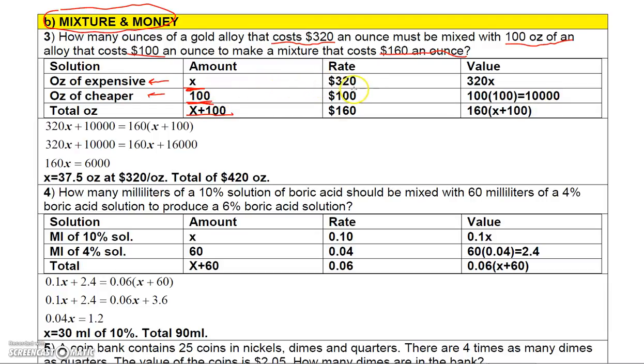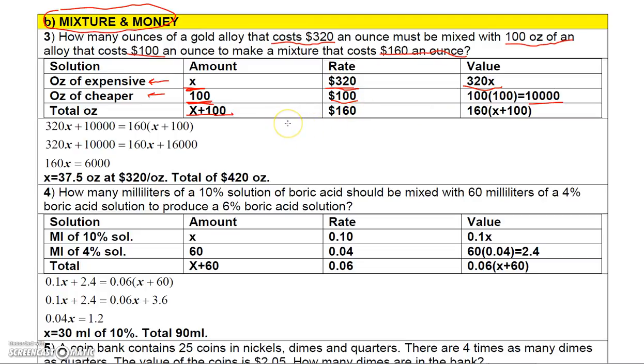Now the cost rate here is $320 an ounce for the expensive alloy. So that would cost $320 times the number of ounces, or 320x. Here the cost is $100 per ounce, but we know there's 100 ounces, so 100 times 100 would be 10,000, so that's $10,000.